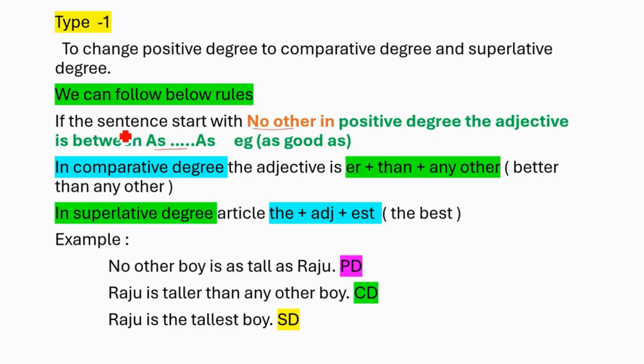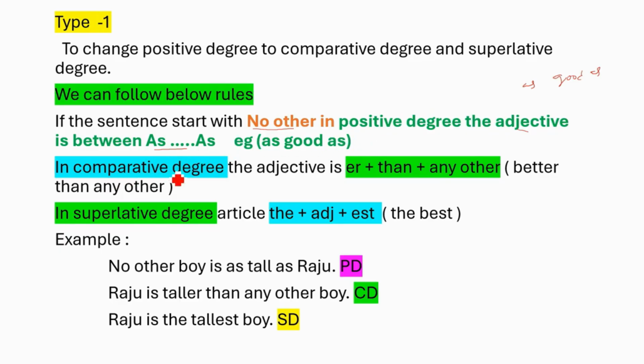If the sentence starts with no other, the positive degree adjective, for example good, is between as. The adjective is between as.